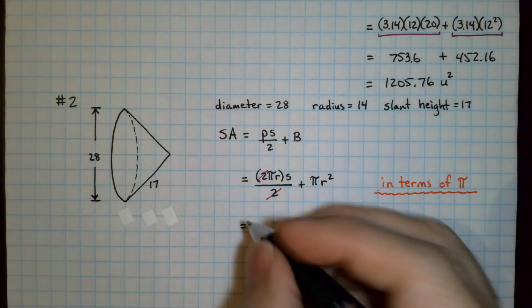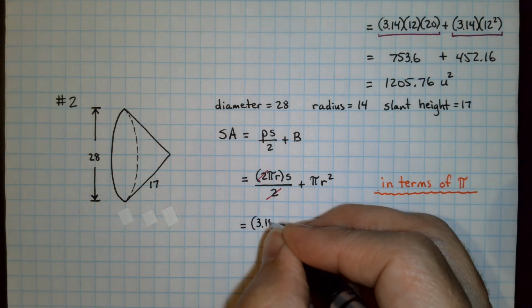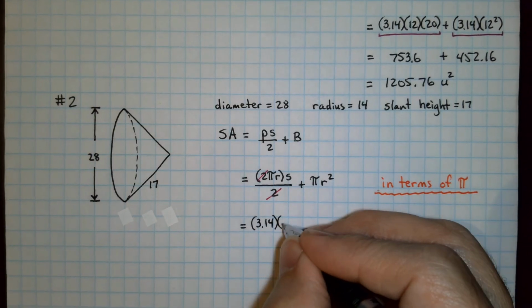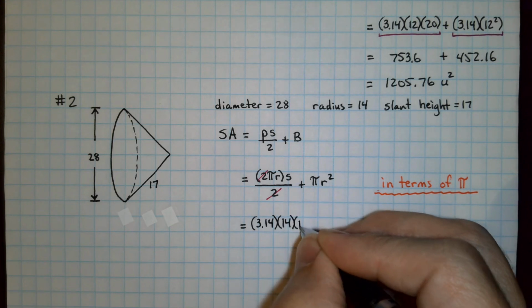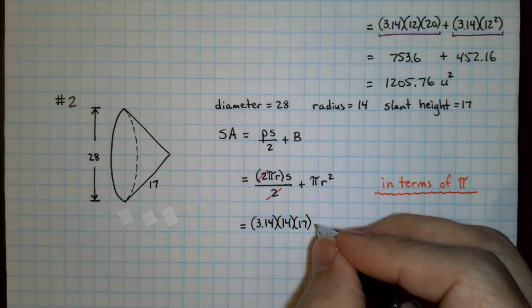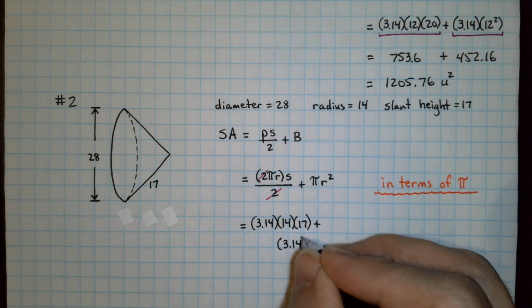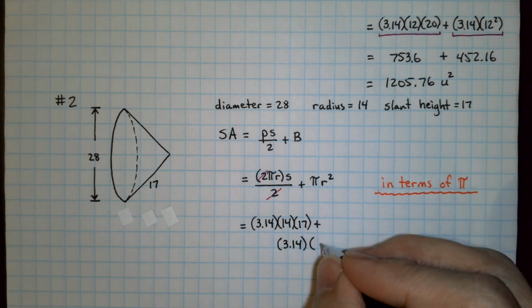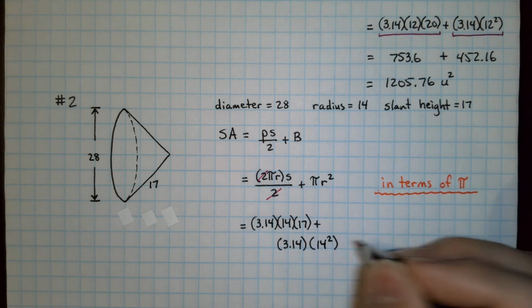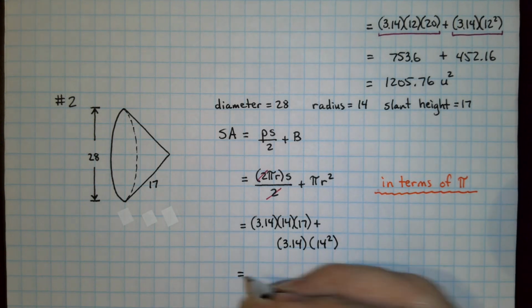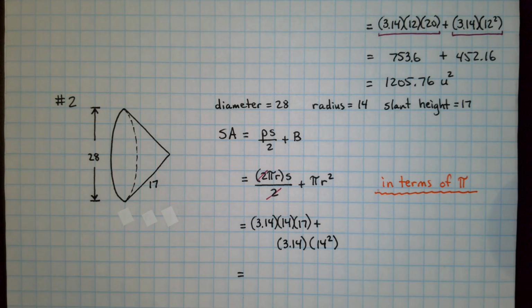And put in our values, 3.14 times the radius of 14 times the slant height of 17 plus 3.14 times the radius squared, and we'll type those in.